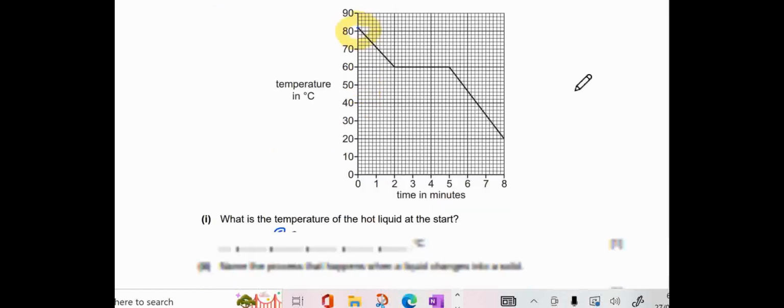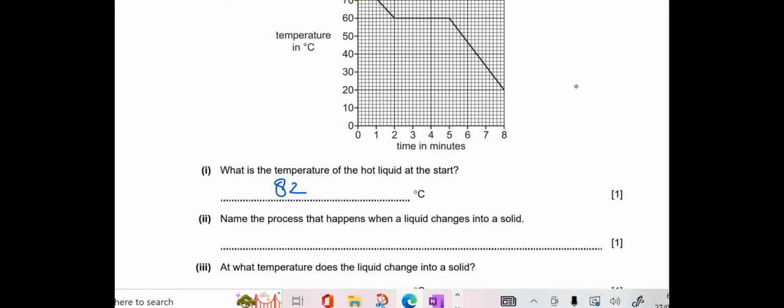Next question. Name the process that happens when a liquid changes into solid. A liquid changing into solid will be freezing. Part 3.